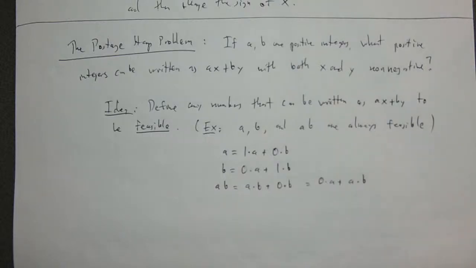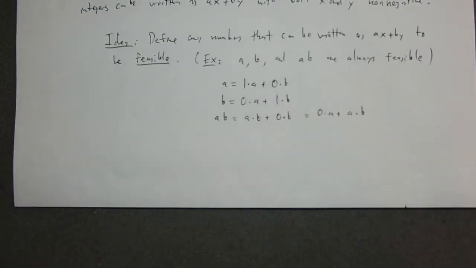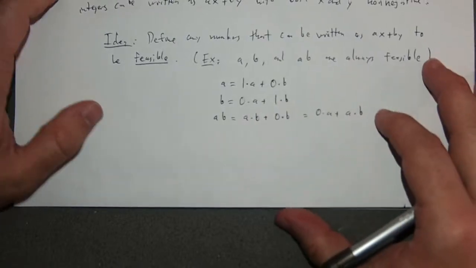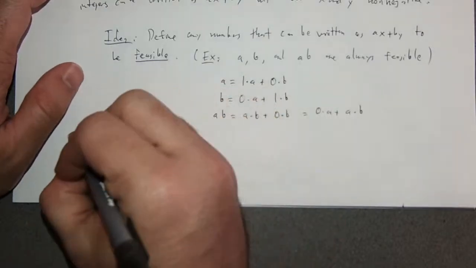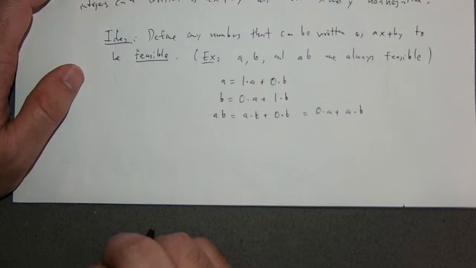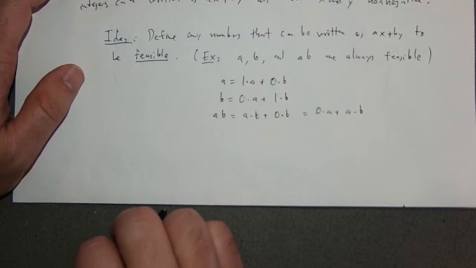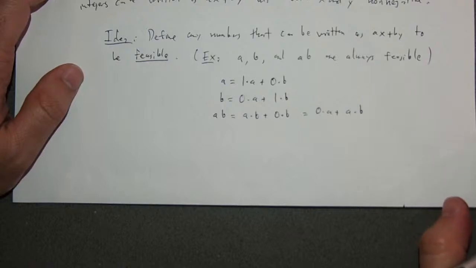So once we define this feasibility condition, I want to draw a chart to see if I can notice the pattern here. So this is how I come to this conclusion. I'm going to draw a chart. In the top row, I'm going to have numbers. In the bottom row, I'm just going to have a check or not a check telling me whether or not they're feasible.